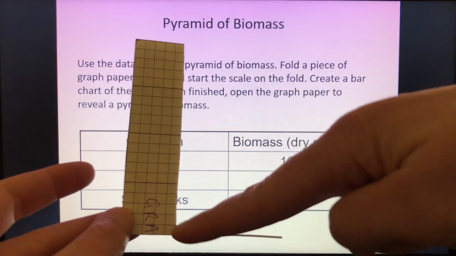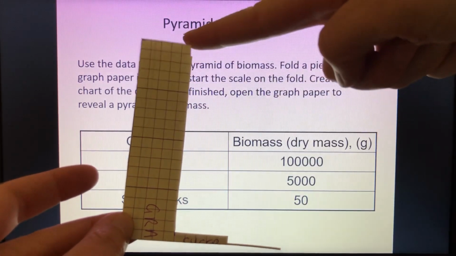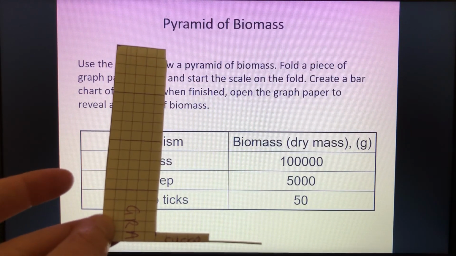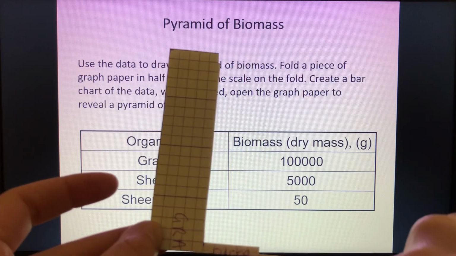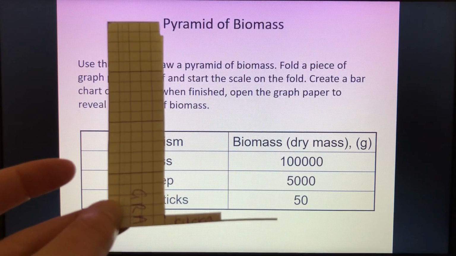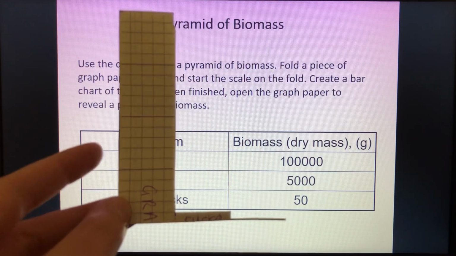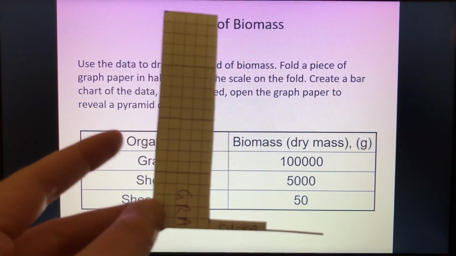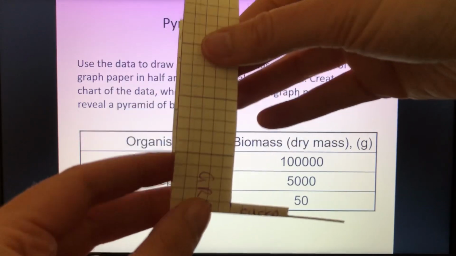So I said up here, this was 100,000 grams. And then this one here was only 5,000 grams. And this was my tiny 50 grams. I did that on that folded piece of paper, drawing the bar chart along that base fold.